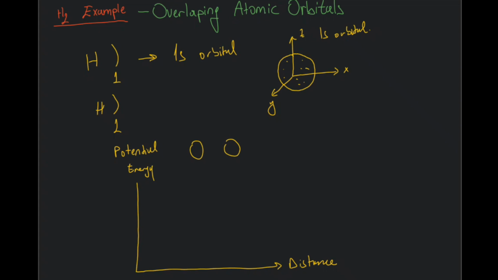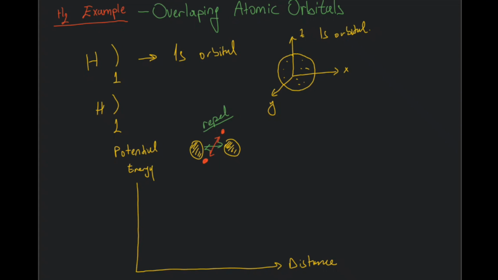But the issue is that we have a proton here, and we have another proton here, so two positive charges repel each other. Another problem is that we have one electron for this hydrogen and another electron for the other hydrogen, and they can also repel each other if they are too close to each other.